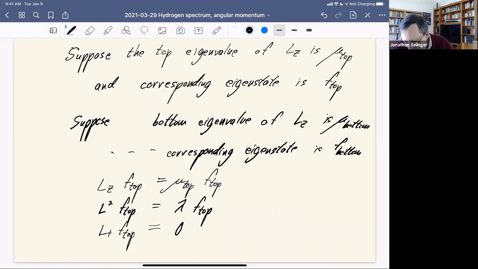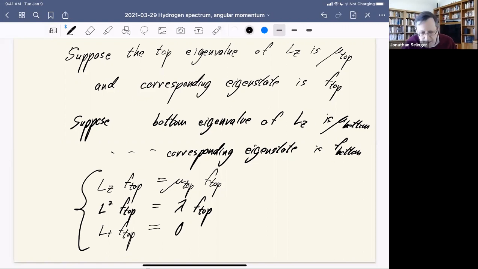That's the only way for all of our rules to be consistent. So here we have three relations for F top: we know the eigenvalues and we know what happens with L plus.